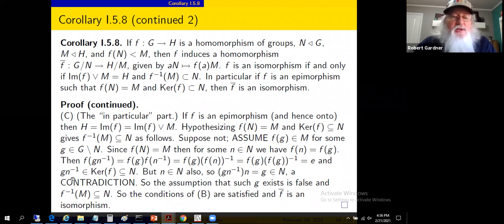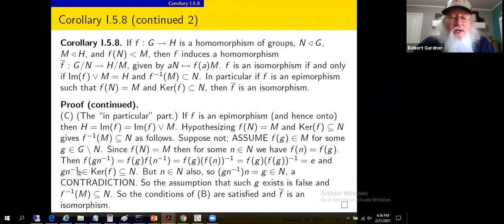So we've got g n inverse in the kernel of F. g n inverse is mapped to the identity. That's what the kernel consists of. We've assumed as well that the kernel is a subset of N in this setting.